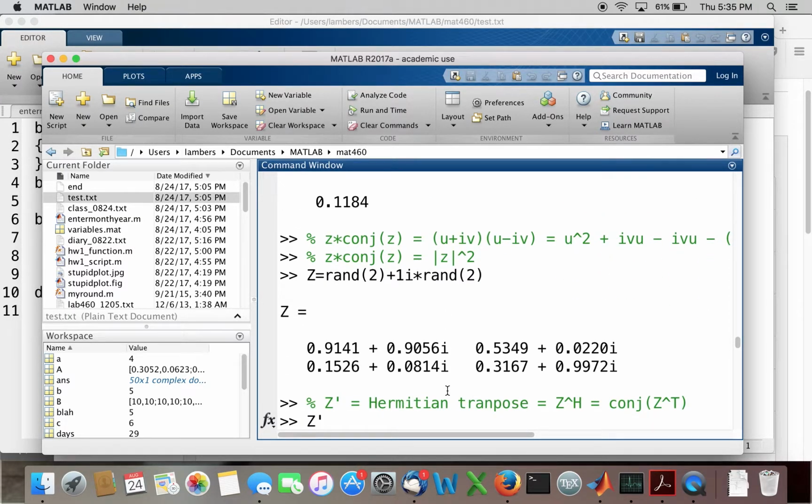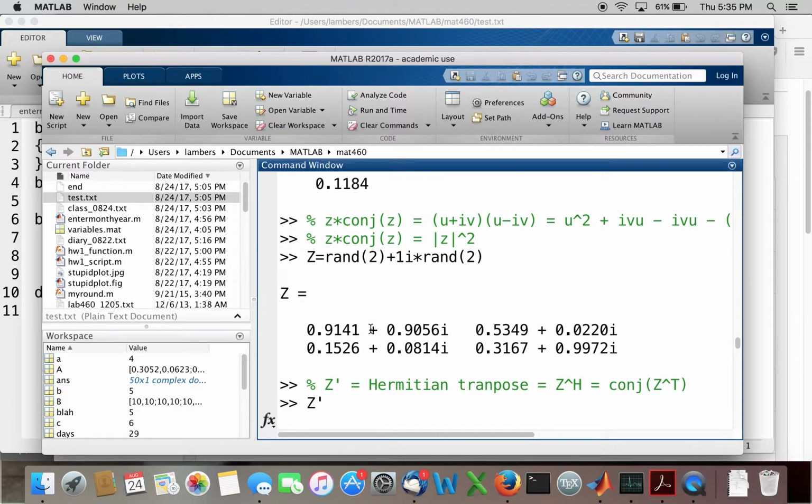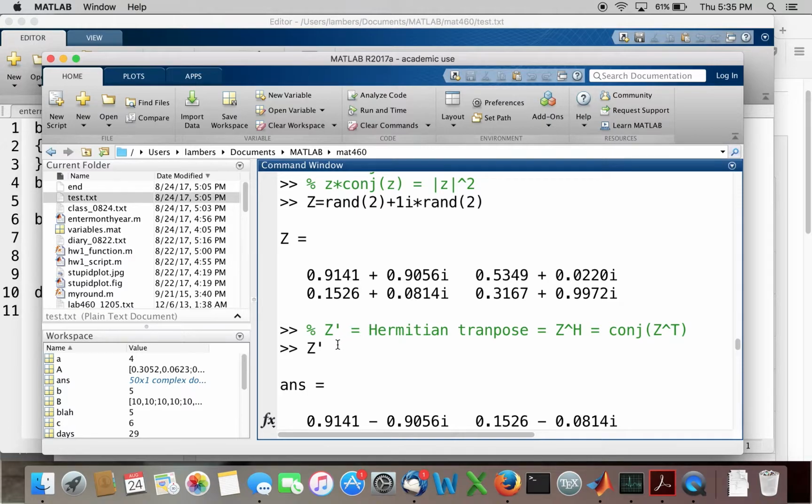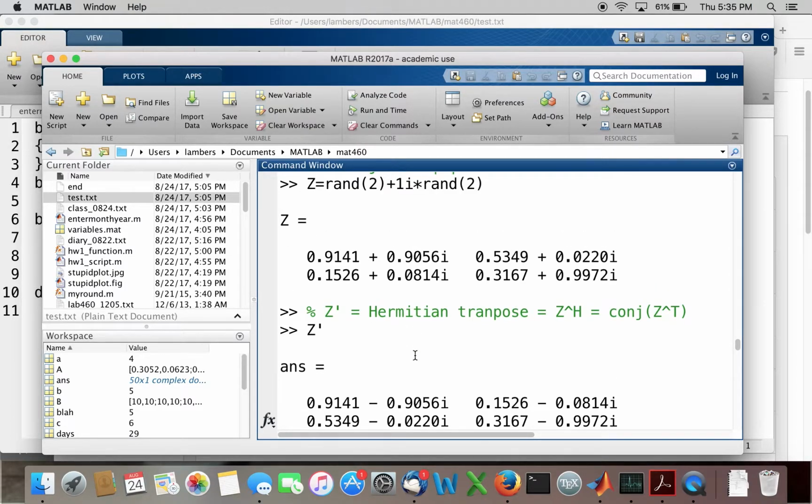Now, this is relevant to exploration 11, the importance of using a proper transpose. If I create a 2 by 2 matrix of complex numbers here, and I take the transpose, or I think I'm taking the transpose using this single quote or apostrophe, I get the imaginary parts negated.